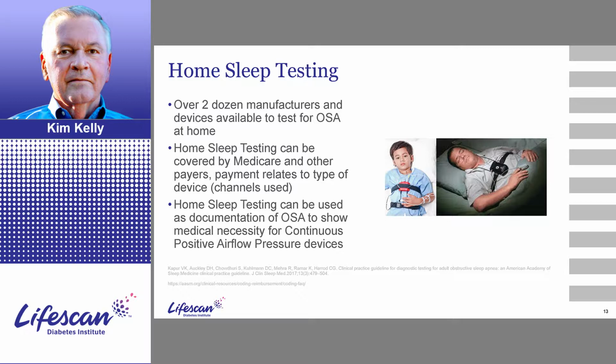And the reason for that should be pretty obvious: the fundamental here is that obstructive sleep apnea is a major cardiovascular factor, and if you're able to find it with a home test, you probably should be testing more patients than you actually are. Home sleep testing is used as documentation of obstructive sleep apnea to show medical necessity for continuous positive airway pressure devices, or CPAP.